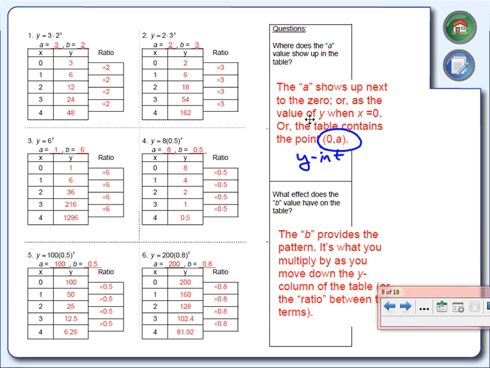It's the number that we're multiplying by as we go down those Y values. It's our pattern. On number 1, our pattern was multiplying by 2. On number 2, our pattern was multiplying by 3. And so our B just represents our pattern, or what we're multiplying by.